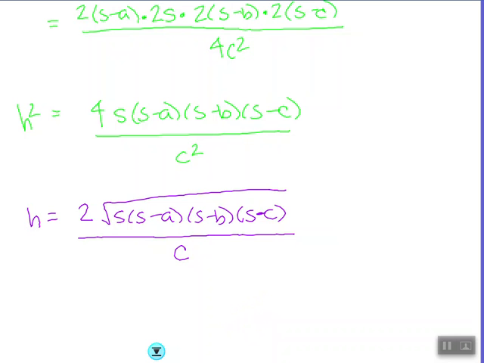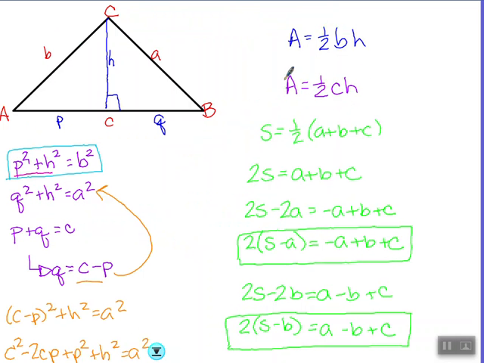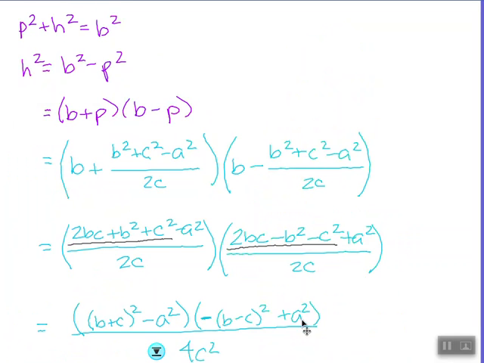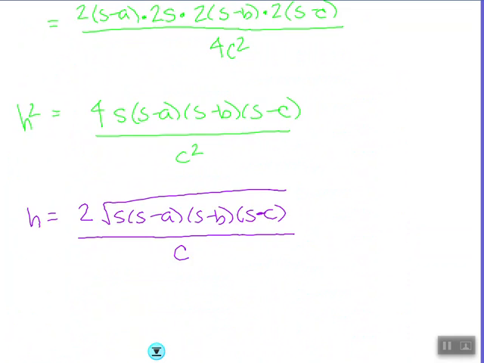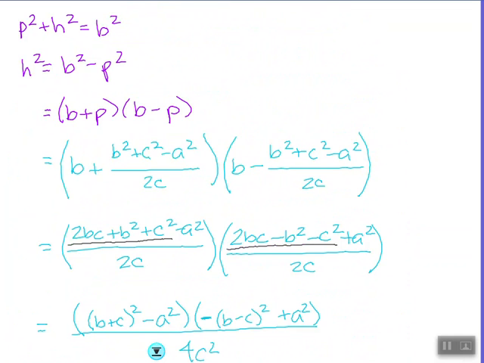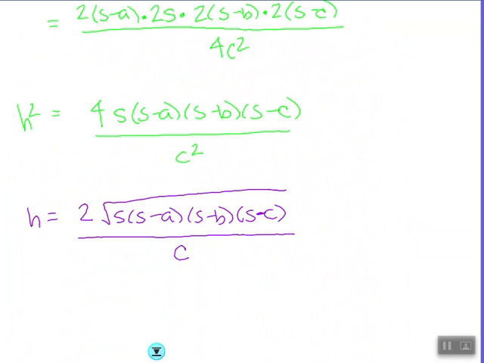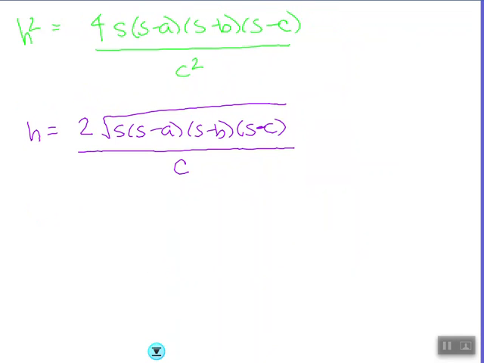Now, we are almost finished. We need to go back to our area formula. We have area equals 1/2 c times h. Well, we finally figured out what h is. So, we have the area equals 1/2 c times h.